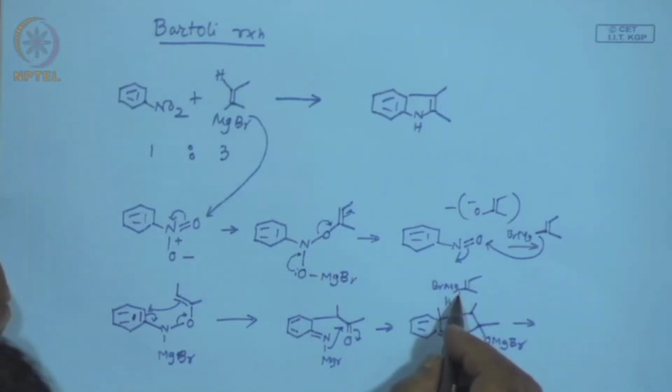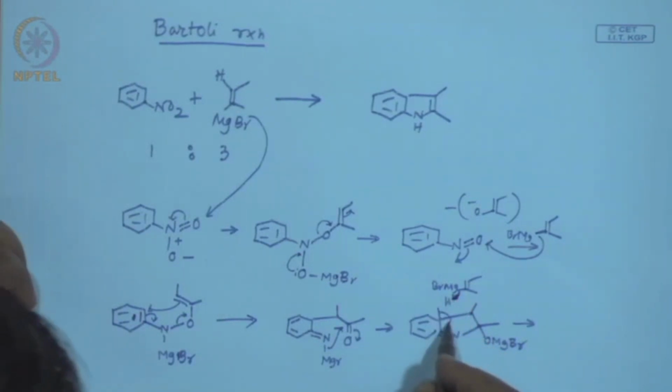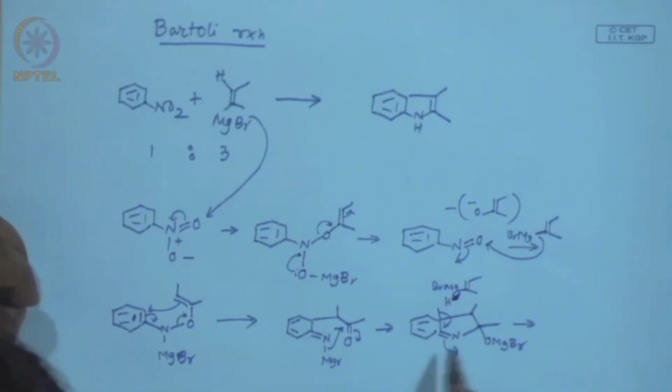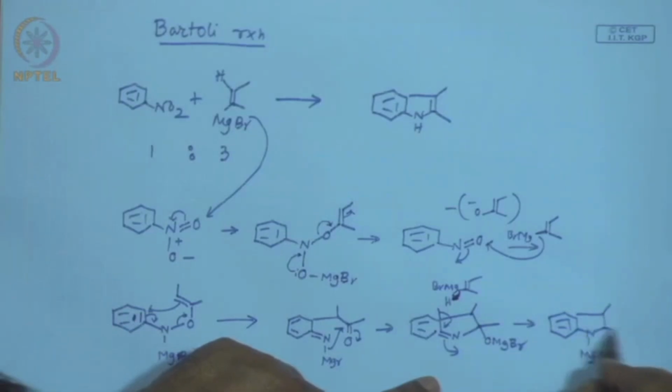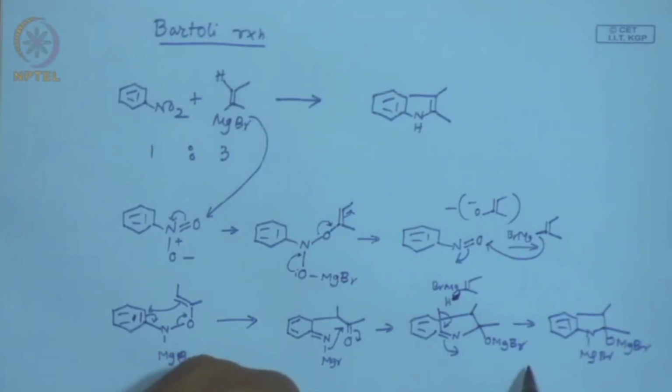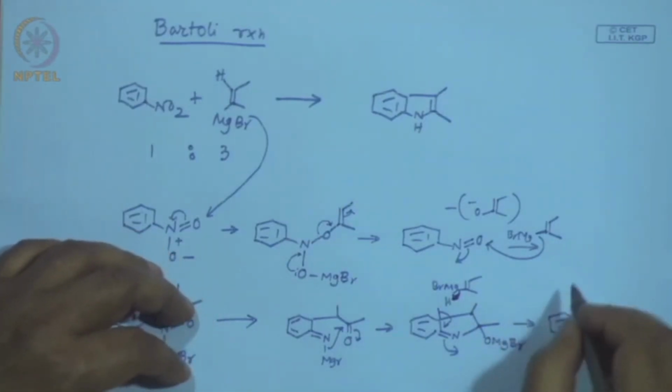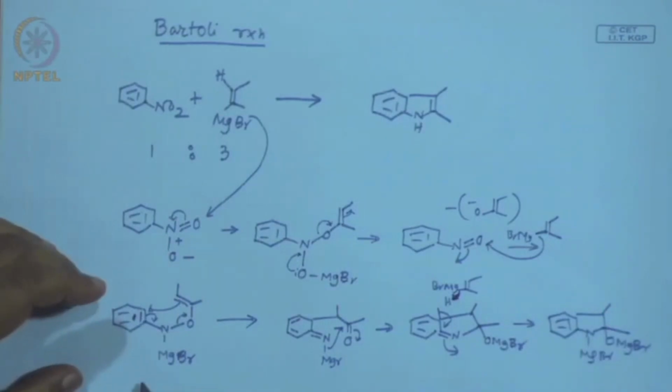So, it will pick up this acidic hydrogen, and eventually you will get a dimagnesiated product. This is magnesium bromide up here, and this is O-magnesium.